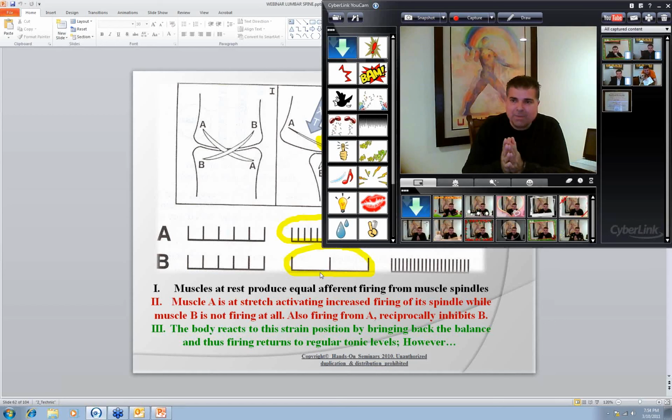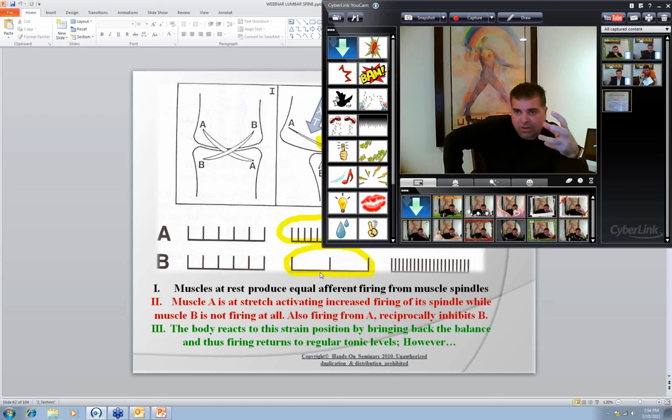As they start becoming elongated, because the excitation threshold of those muscle spindles is much lower now, they start firing like crazy and they become dysfunctional. So it is this dysfunction of the muscle spindle that develops the problem, according to Jones.